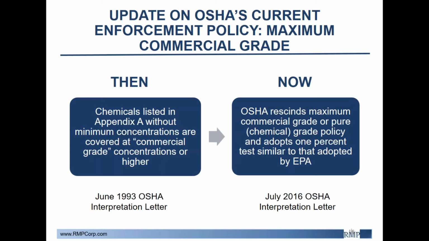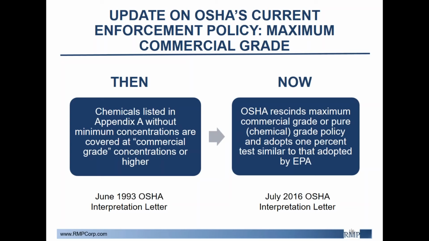But as of July 2016, OSHA released an updated interpretation letter, which also rescinds a June 5th, 2015 update. I will touch upon this letter a little later in the presentation. The OSHA 2016 interpretation letter rescinds the maximum commercial grade policy and adopts the 1% test similar to the EPA.